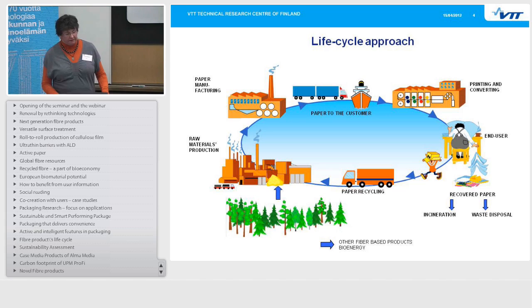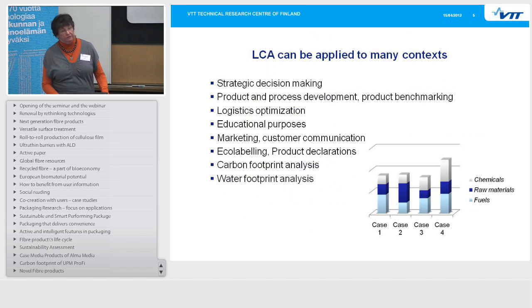But LCA can be applied into many contexts: in decision making, in product and technology benchmarking, in optimizing logistics, for instance, educational purposes inside the company, different marketing, communication, and eco-labeling, and those footprint analyses.